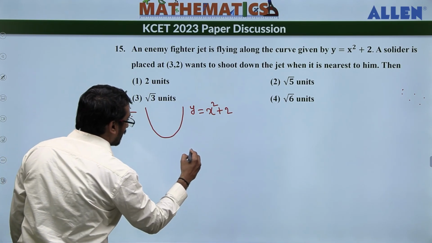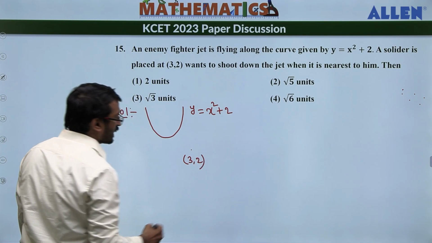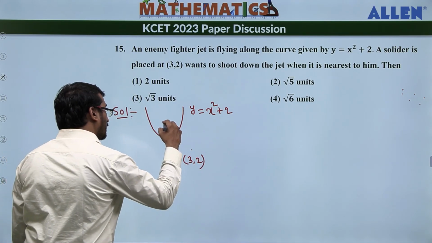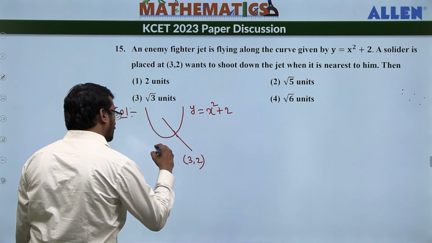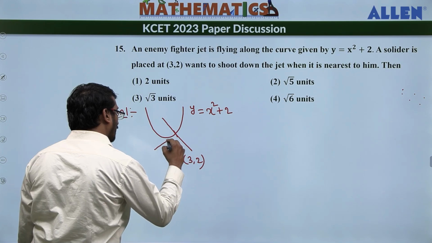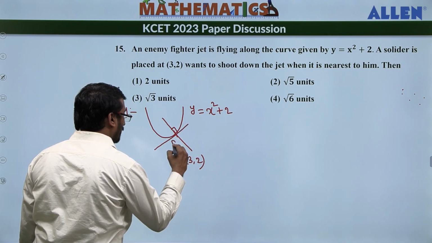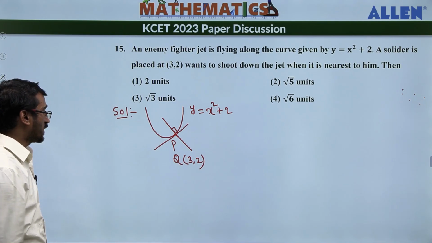Let us say this is the nearest point. Then it becomes normal. This is P. This is Q. PQ is a normal.